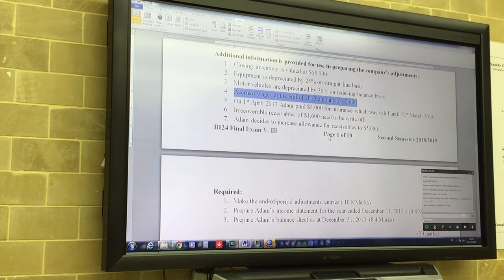So what is the adjusting entry for expense payable? From wages expense to accrued wages, or you can write wages payable.